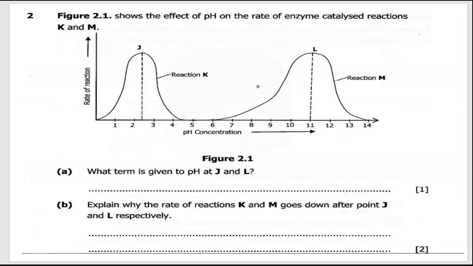Both these reactions are reacting in different mediums in terms of the pH value. As we can see, there is pH concentration, then there is rate of reaction. According to the pH scale, from 1 to 6, that is an acidic environment.